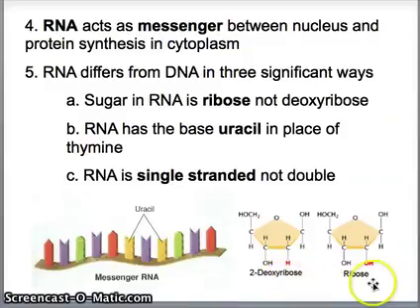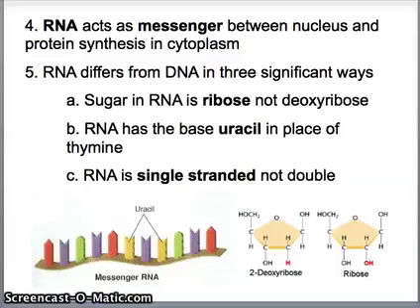If you look at the ribose on the right, the similar highlighted region, what's the difference between these two sugars? If you'll notice, ribose has an additional oxygen. That's actually where the name deoxyribose comes from. It's that it's deficient in oxygen, so it's short 1 oxygen when you compare it to ribose.